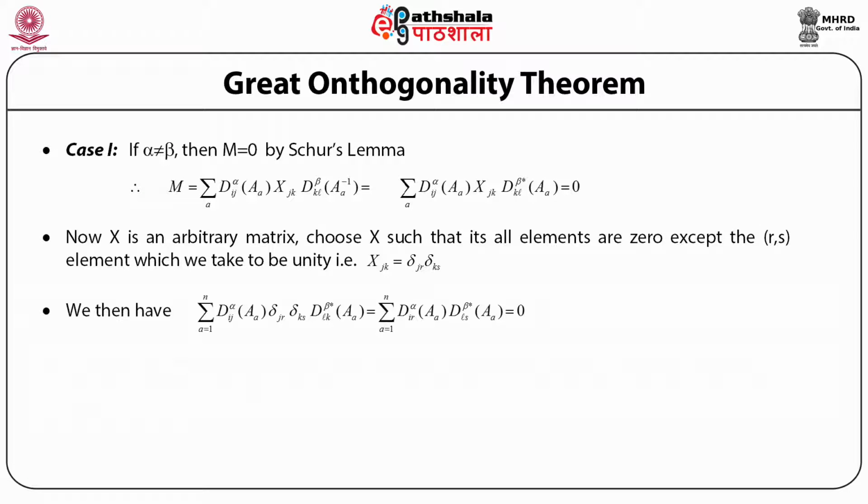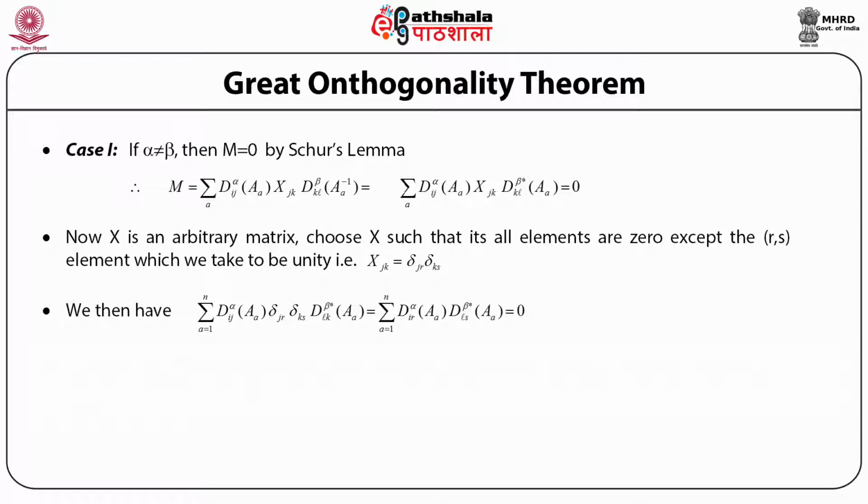We then have the sum over all the elements of D alpha ij(A), delta jr, delta ks, D beta star lk. That is, we are just replacing the matrix X by delta jr, delta ks, and this expression then becomes equal to 0. What does it mean?